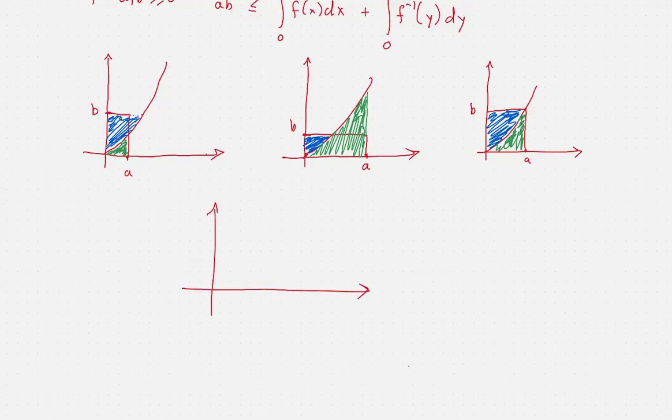And let's say that this is A and up here it's B. So if I start building the lower Riemann sum for f, then it will look something like this.